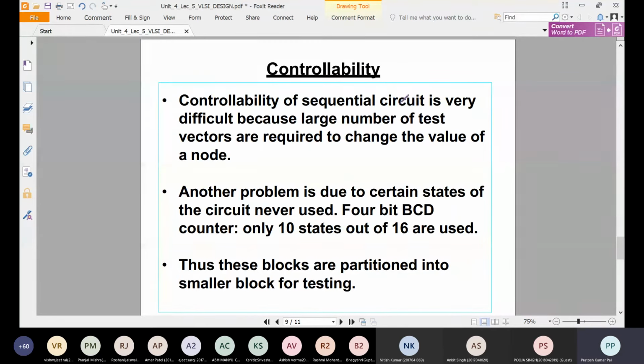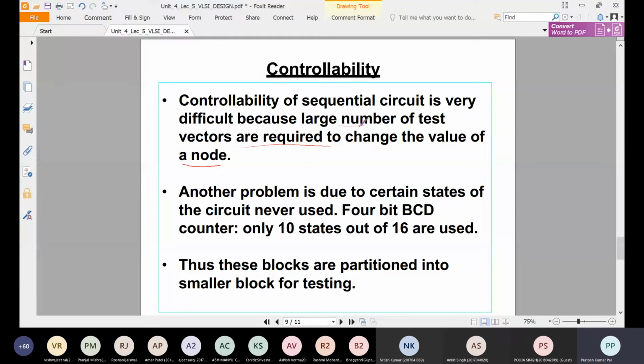So controllability of sequential circuits is very difficult. In the case of a combinational circuit, there is no feedback, so it will be easy to control. But in the case of a sequential circuit, it is very difficult, because a large number of test vectors are required to change the value of a node.